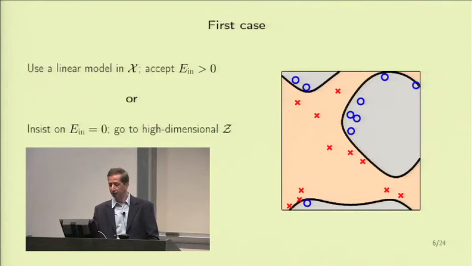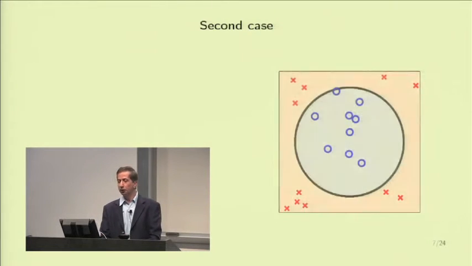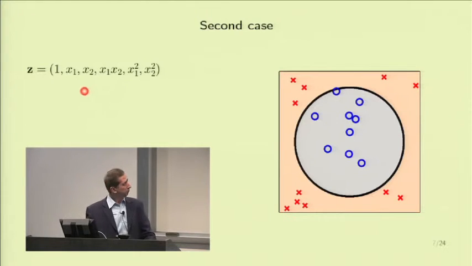The other one is the case where you really don't stand a chance with linear. I mean, it will be very, very poor approximation and generalization. The data seems to be coming from inherently a nonlinear surface. And in this case, we used this transformation. And this transformation is my way of putting a general second-order surface.